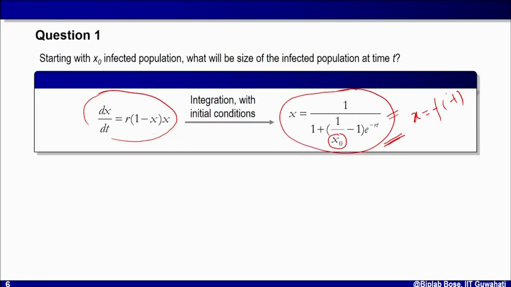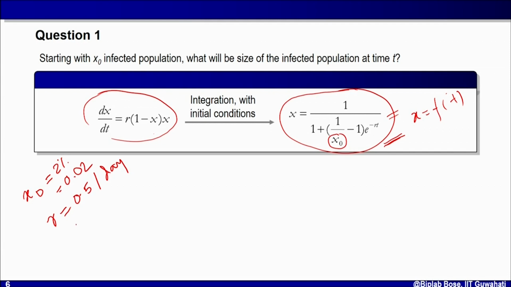So let us try the first question. The first question was that suppose the initial population infected, x naught, is 2% infected. So that means it is equal to 0.02. Suppose r, the rate constant for the spread of the disease, is 0.5 per day.